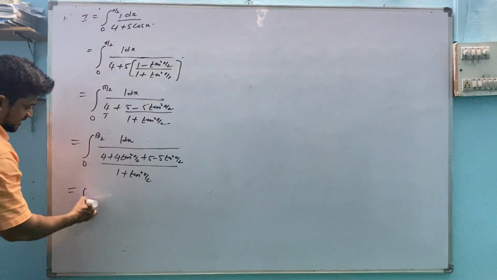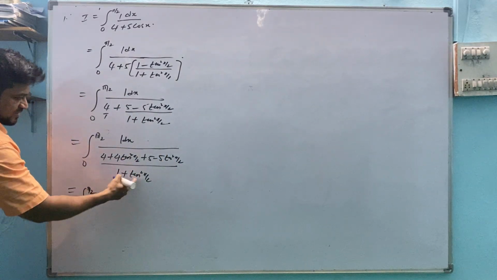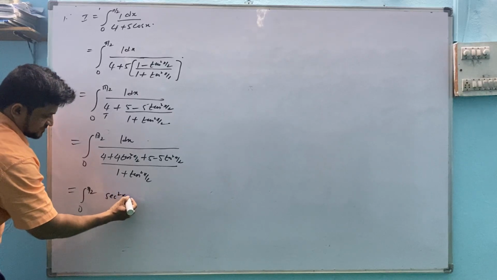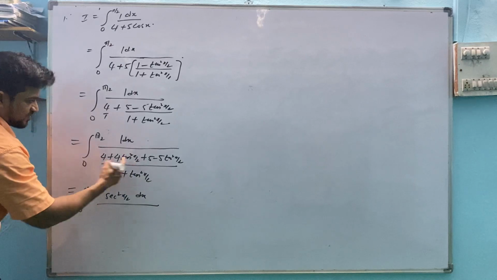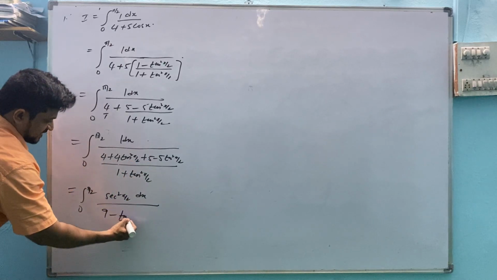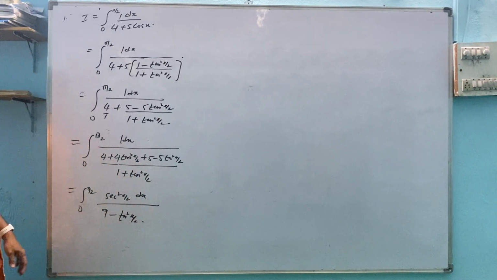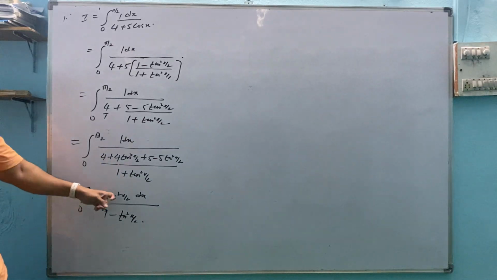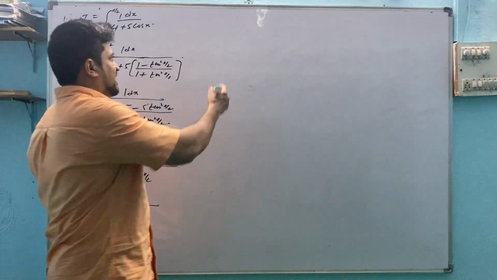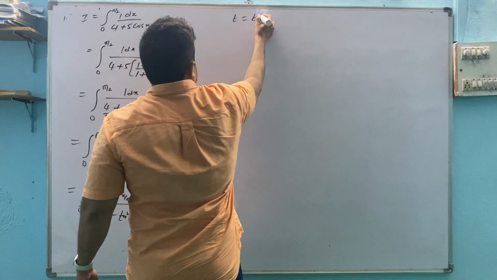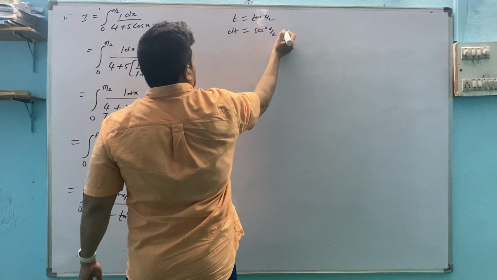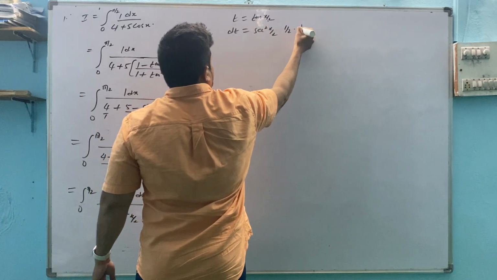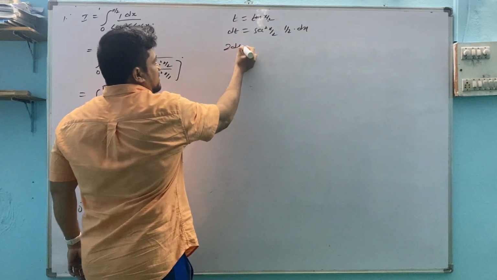This goes to the numerator, and 1 plus tan square is secant square, divided by 4 tan square minus 5 tan square; 4 plus 5 is 9, minus 1 tan square x by 2. Now secant and tan are there, so t is equal to tan x by 2. Then we find dt: secant square x by 2, times the derivative of the inner function x by 2. 2 is cross multiplied.